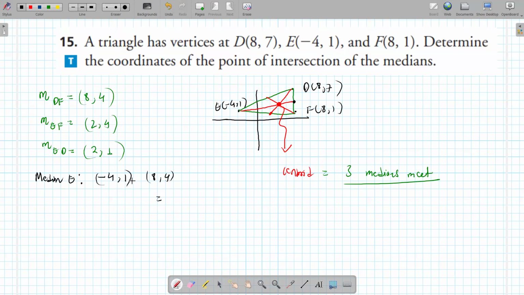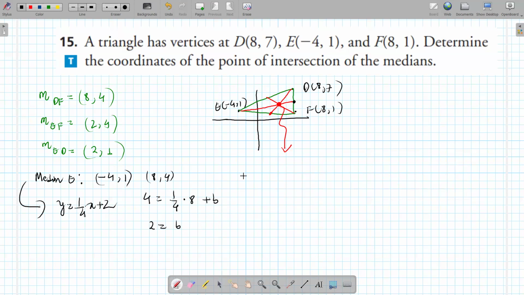So the slope is 3 over 12, or 1 over 4. That's our slope. And you can plug any one of these values in to find your intercept. Like this. So b is going to be 4 minus 2, 2. So that equation is going to be y equals 1 over 4x plus 2. That's the equation for the median from E.